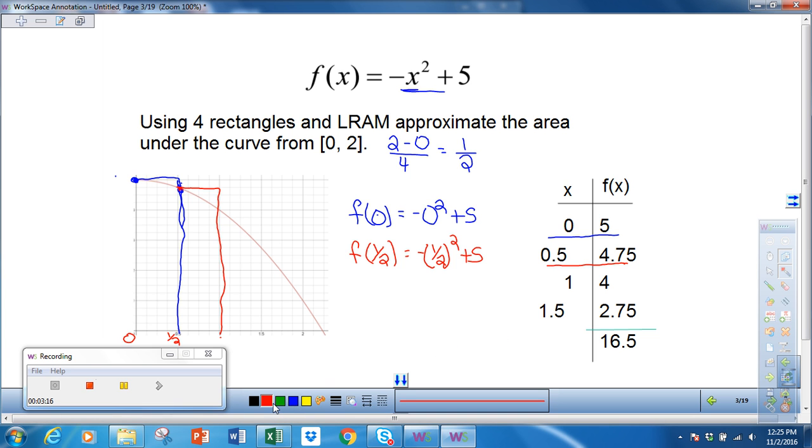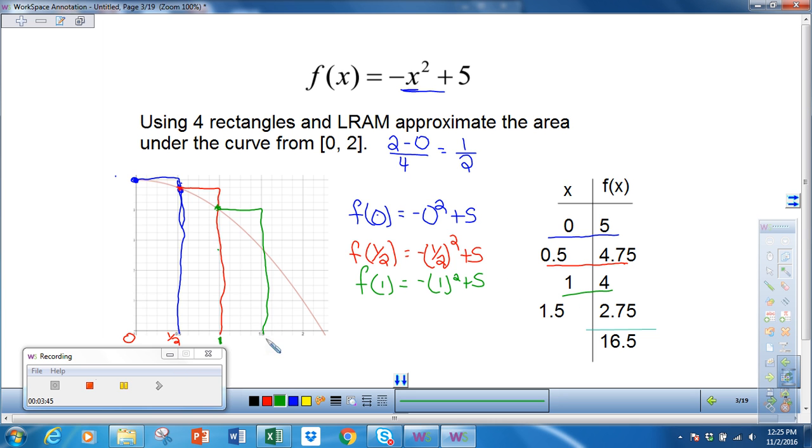Okay, so for my next rectangle, again, I'm going to start at the left and draw my little rectangle. I cannot draw a straight line. When I draw my next rectangle, this was a half, so this would be 1, because each of these is a half. So I started at 1, so I'm going to evaluate f of 1. It's negative 1 squared plus 5, which is 4.